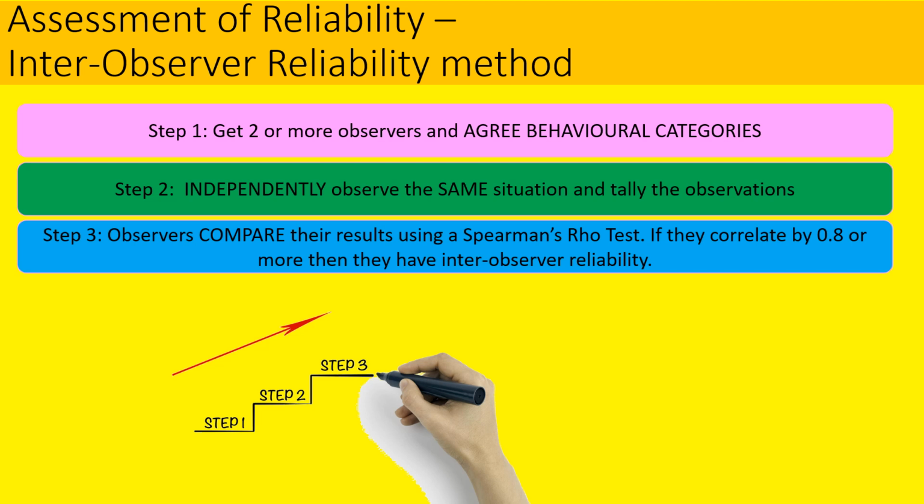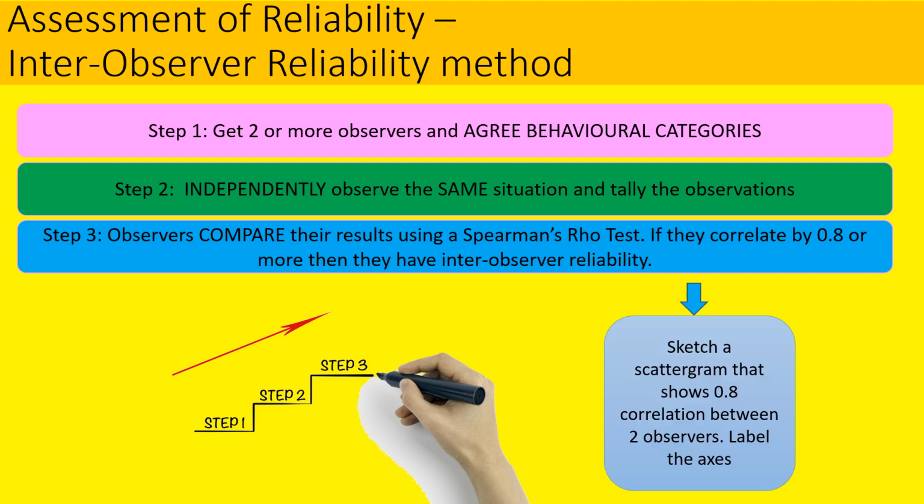Step 2, independently observe the same situation and tally the observations. Step 3, the observers compare their results using a Spearman's rho test, and if their tallies correlate by 0.8 or more, then they have inter-observer reliability. Just to note here, if you were doing a content analysis, it would be exactly the same really, but you just call it inter-rater reliability.